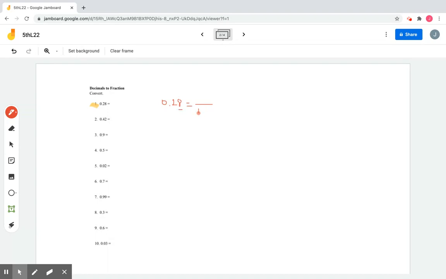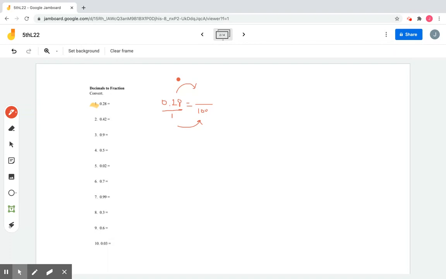So the denominator should be 100. And so basically 0.28 is equal to 0.28 over 1. So it's like I multiplied 100 for the denominator, so I'm going to multiply 100 on the numerator too.